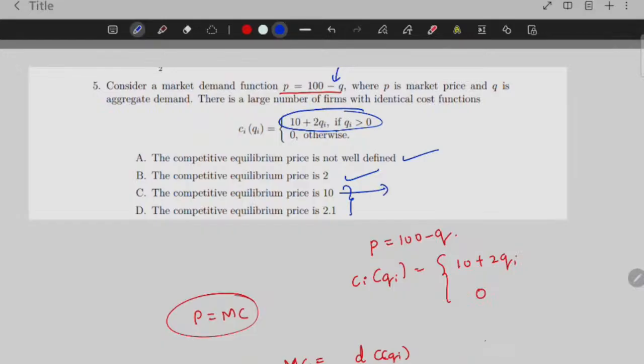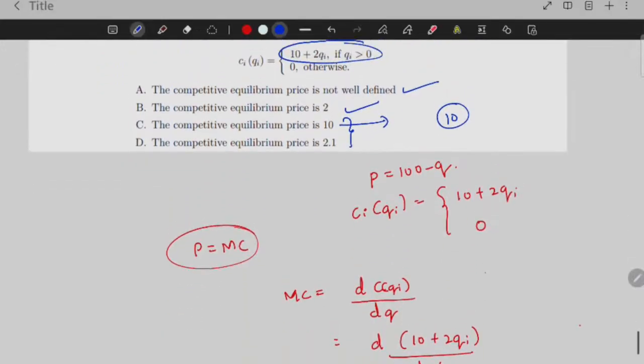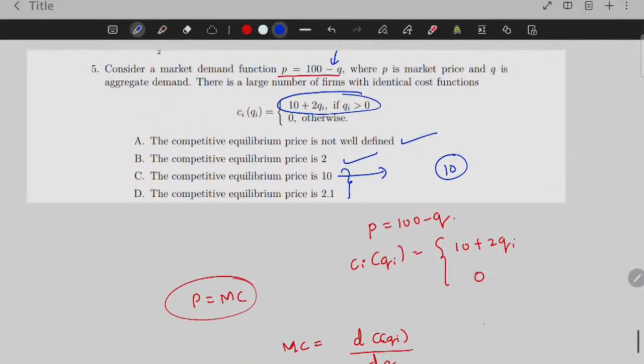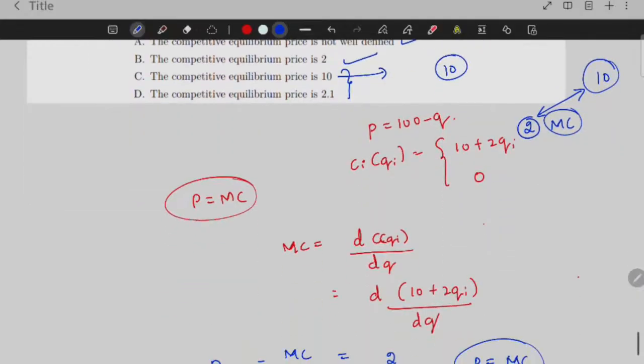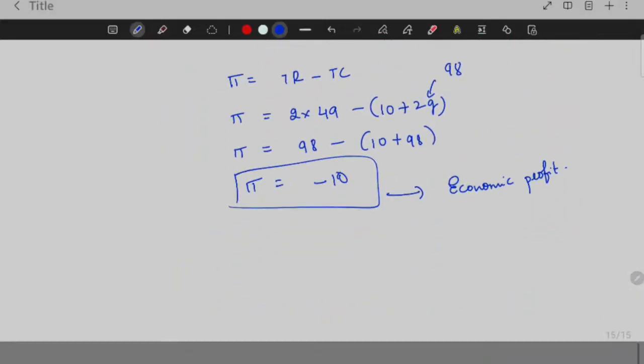So the question is about the other two options here. Can we take 10 rupees? If you take 10 rupees, it doesn't follow the optimal rule of competitive markets, because 2 rupees is his marginal cost. If he's selling at 10 rupees, there will be a huge disparity between the marginal cost and the selling price. But there is the price 2.1. So we check for 2.1, because he needs to survive in the market.